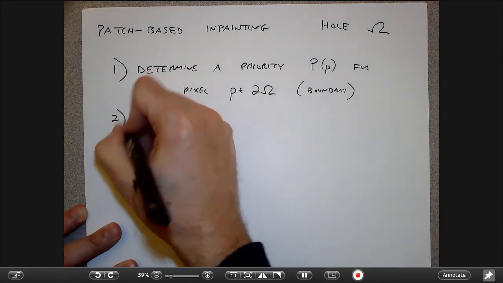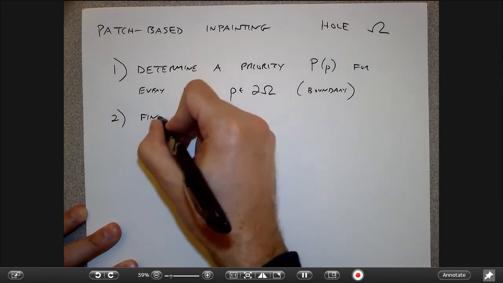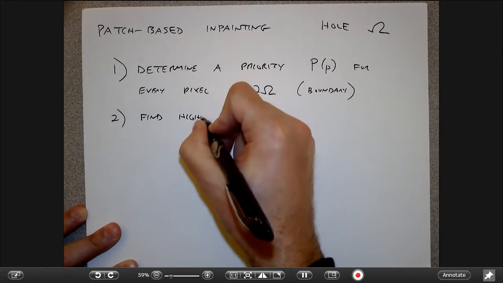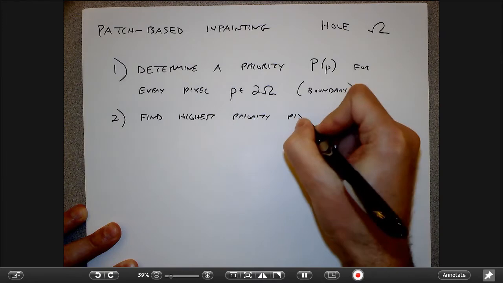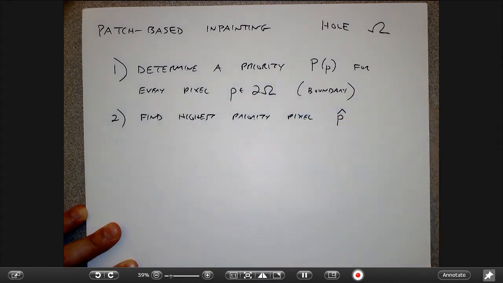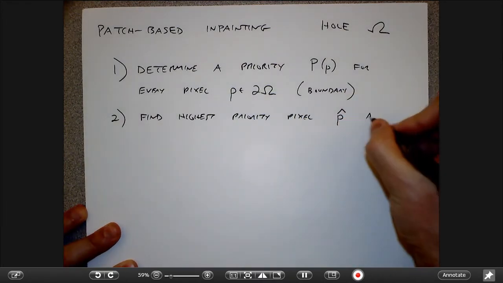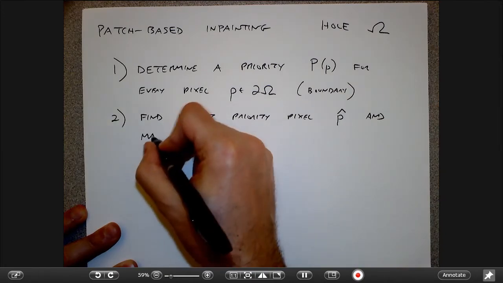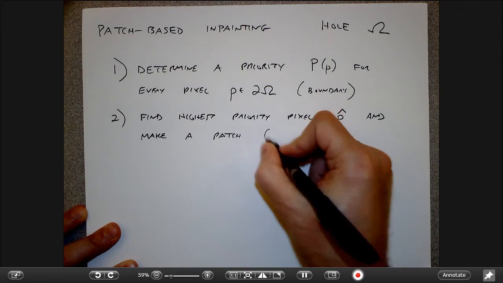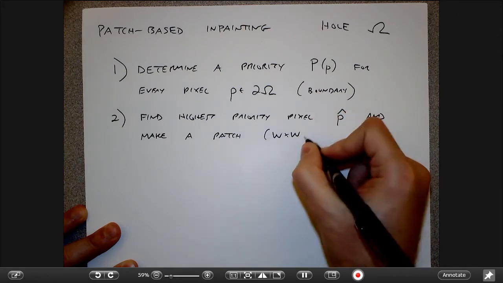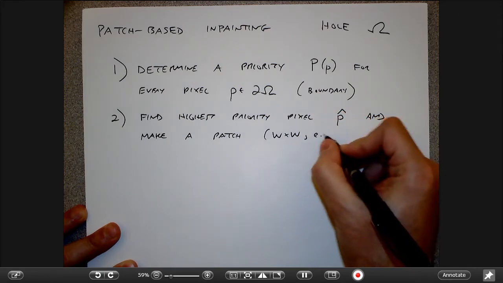Okay, and so now I take the highest priority pixel, let me call that p hat, and make a patch around it. This is typically some square patch, maybe like a 9 by 9 patch.